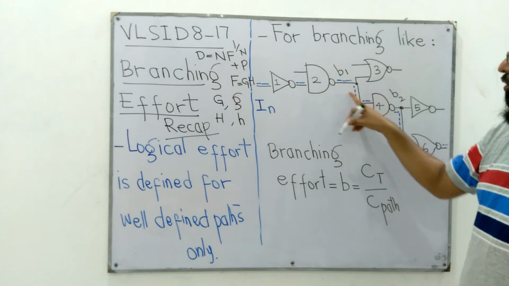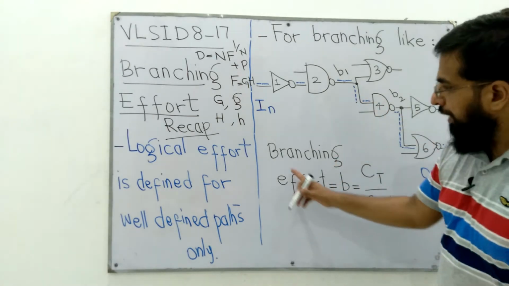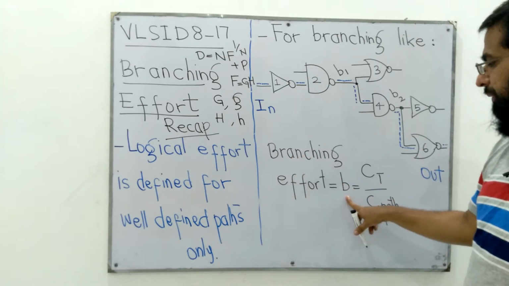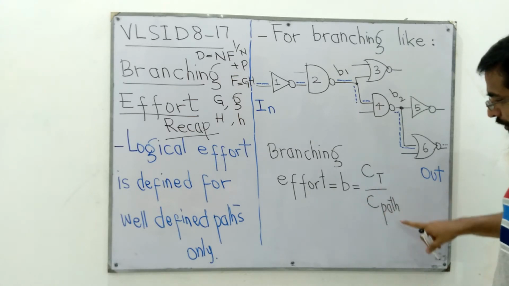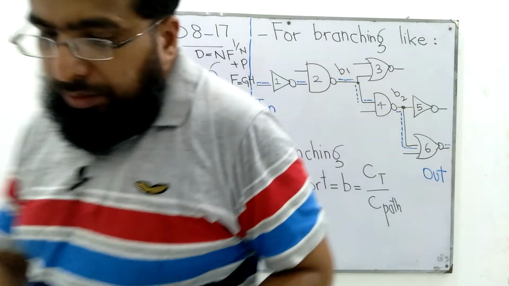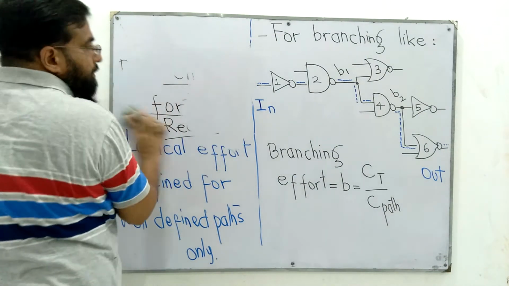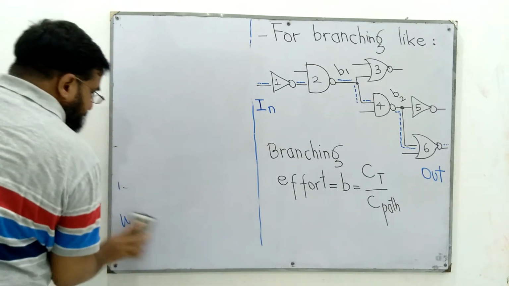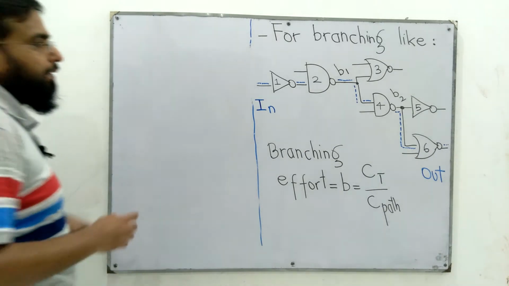So this branching also introduces an effect which we call branching effort, and we represent it with small b, where small b is the ratio between two capacitances, where CT is the total capacitance and C path is the input capacitance of the gate which is in the path.